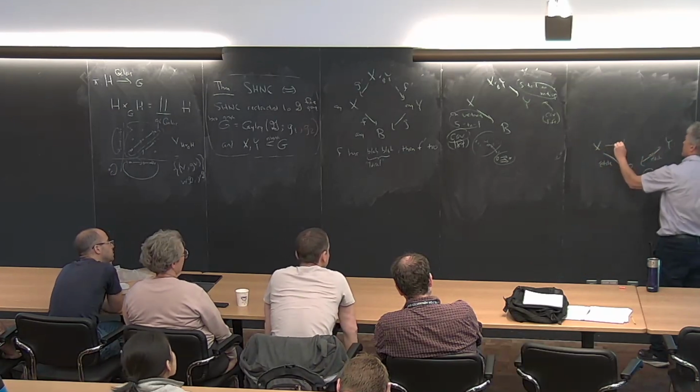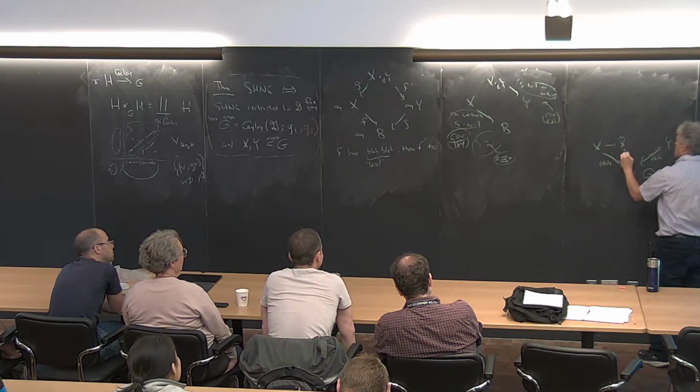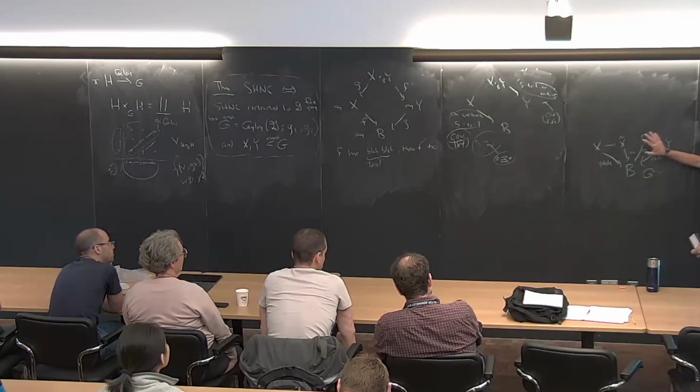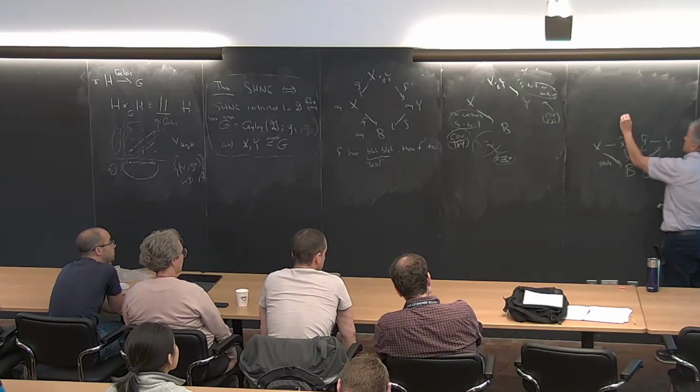So this can be completed to a covering map. This can be completed to a covering map. So I include Y and X into slightly larger graphs, which are coverings. Now I take the fiber product.